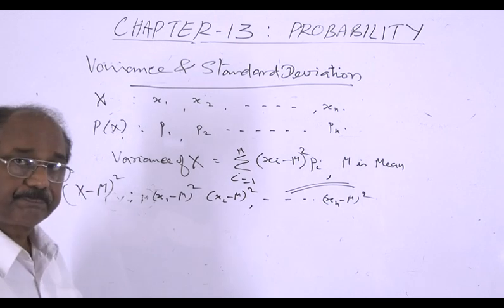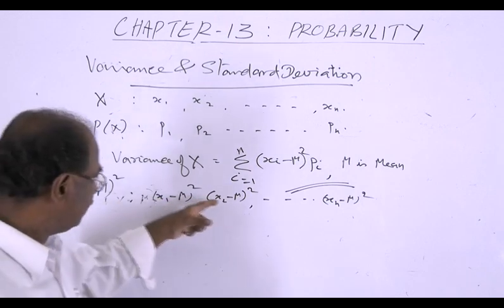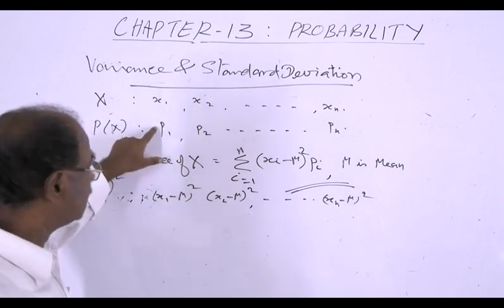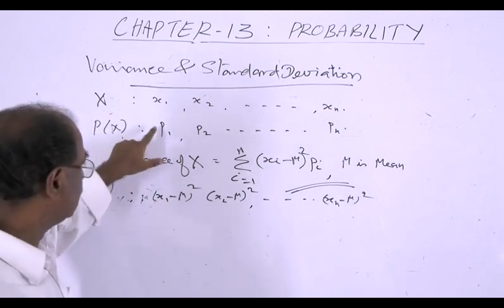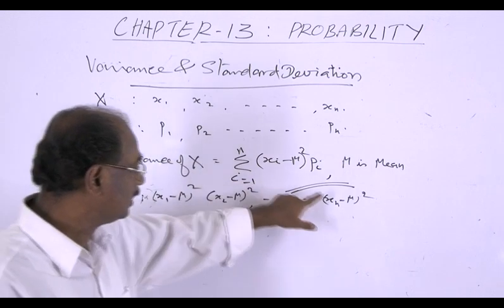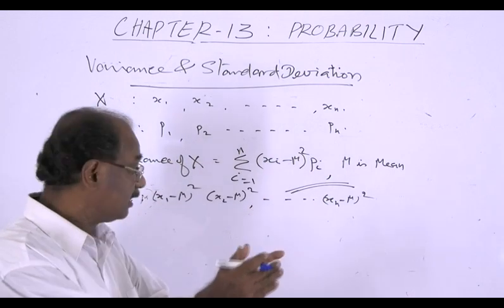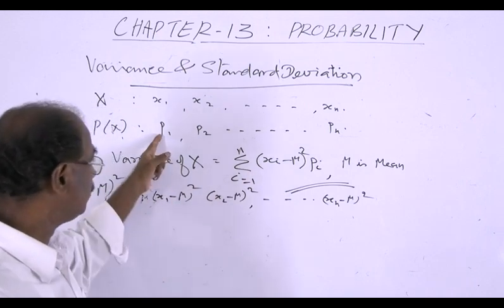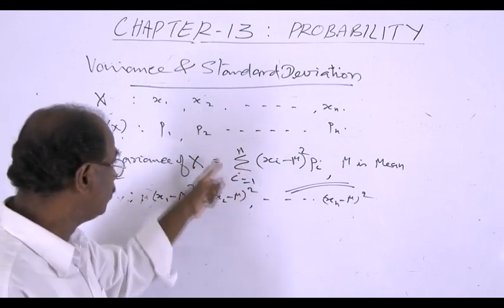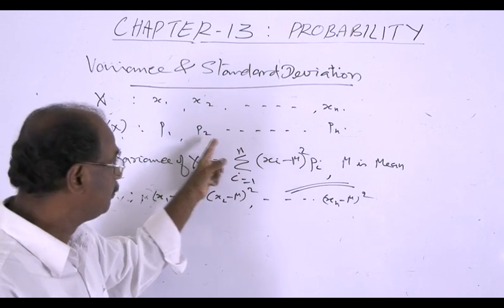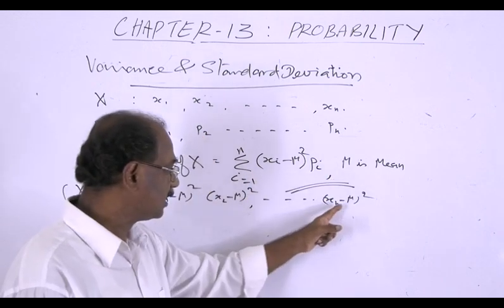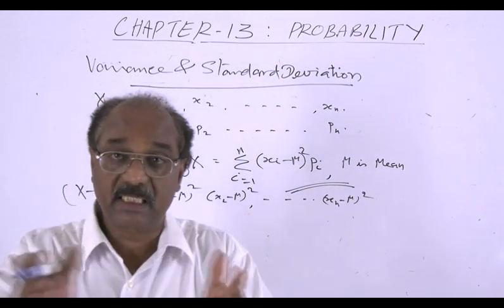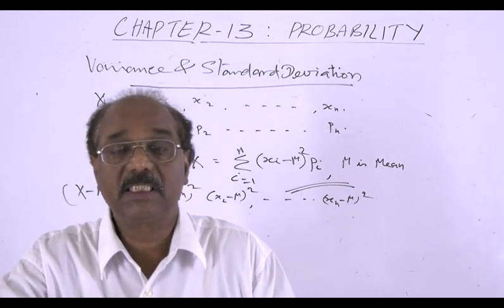Then these squares of the variations are multiplied with the probabilities, this into this, this into this, and adding we get (x1 minus mu) whole squared into p1 plus (x2 minus mu) whole squared into p2, etc. (xn minus mu) whole squared into pn, the sum, which is the variance.